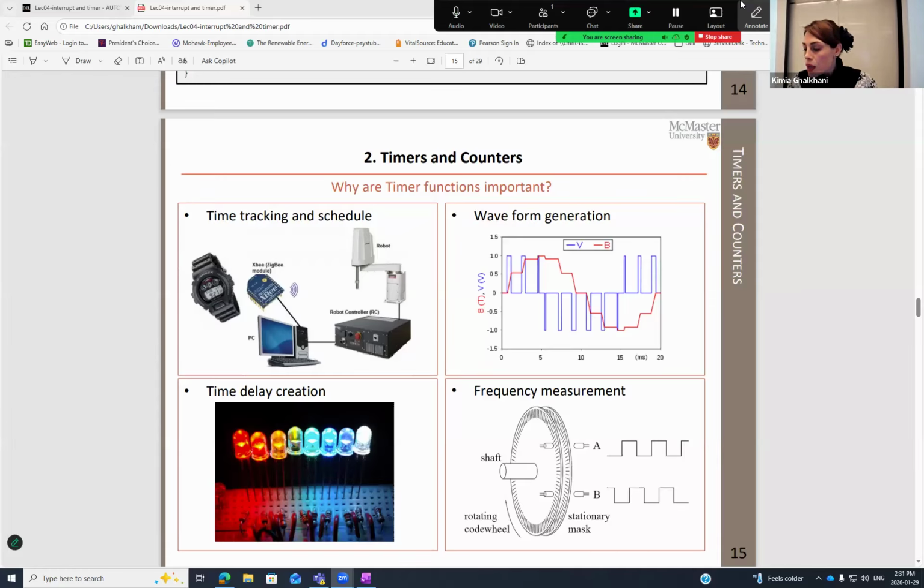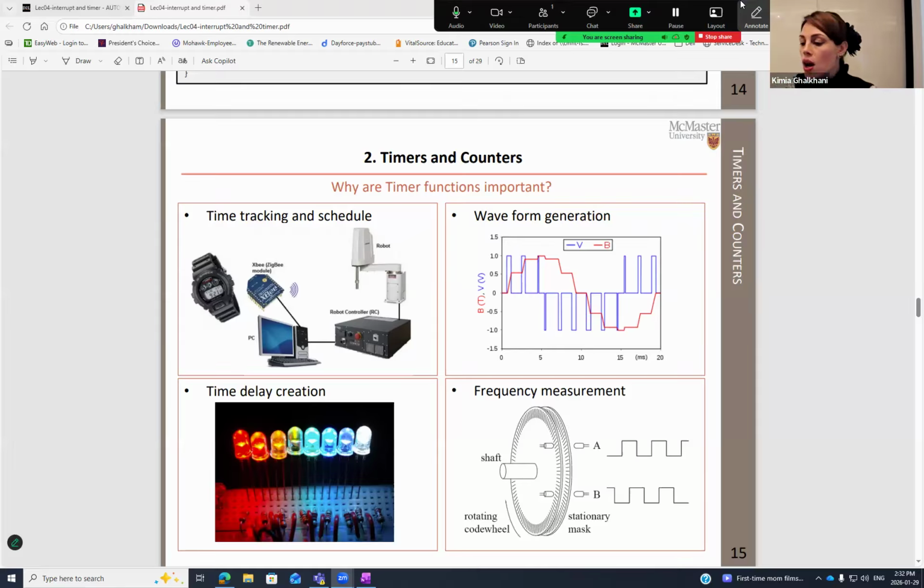In fact, in a microcontroller, timer and counter are going to be the hardware part of the microcontroller. As I mentioned earlier, you are not really seeing them. Most of the time they are included, but in some microcontrollers there are external pieces that you may register.